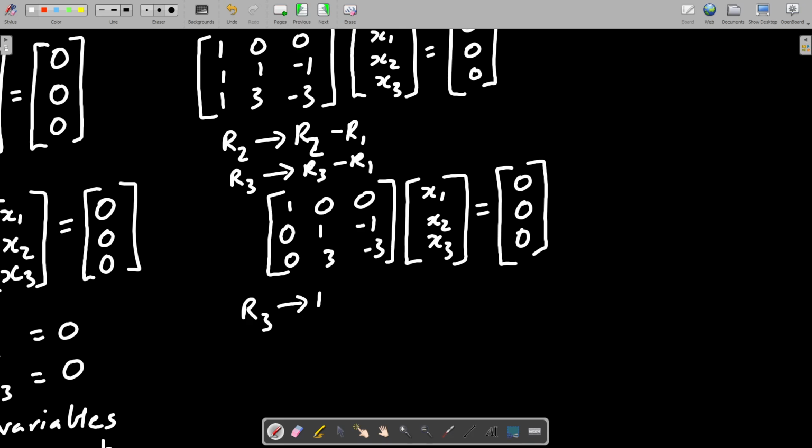So this is a very obvious thing. So R3 will have to be changed to R3 minus 3 times R2. Okay, that was this thing.